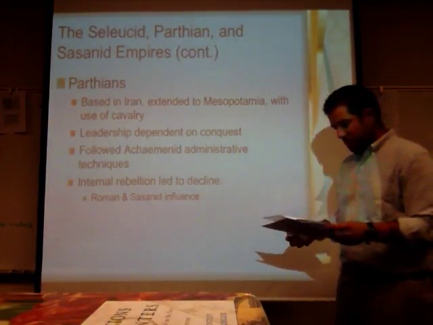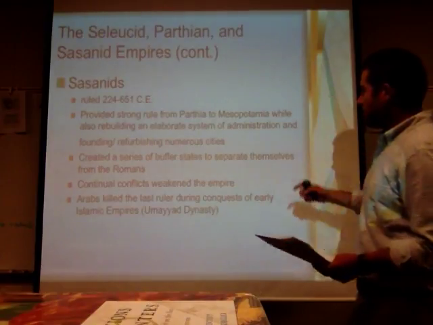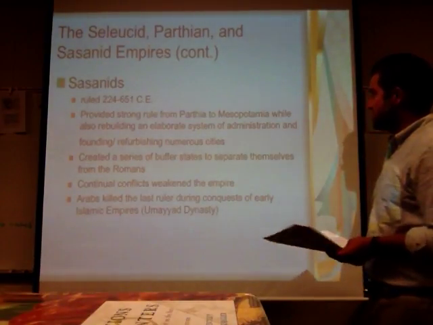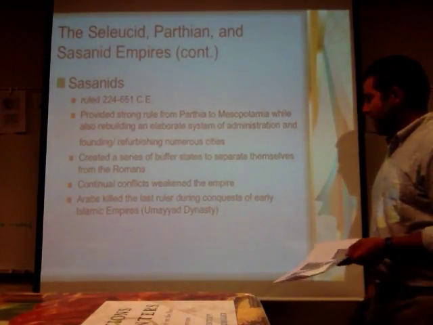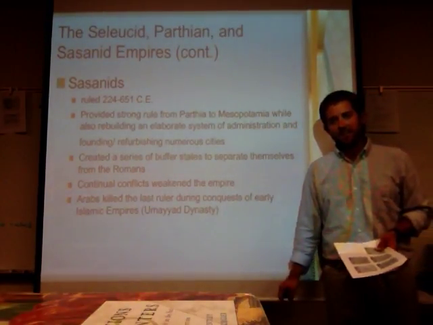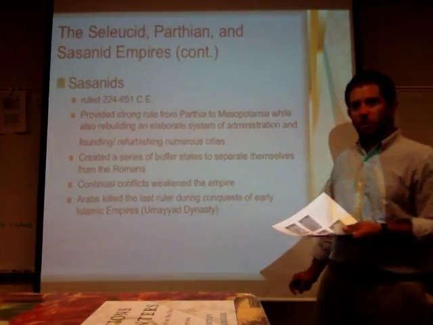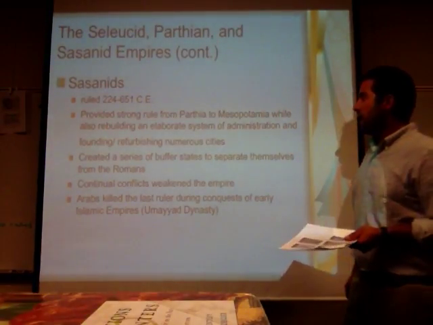And then we finish our talk here with just a couple quick thoughts on the Sassanids. Again, focusing on those Achaemenid administrative techniques: satraps, satrapies, eyes and ears of the king, standardization of coins, standardization of laws.